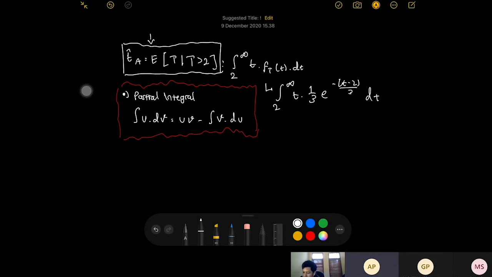By applying the partial integration formula, this part, which is t, can be the u, and this part is the dv.